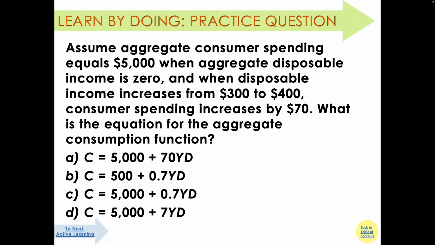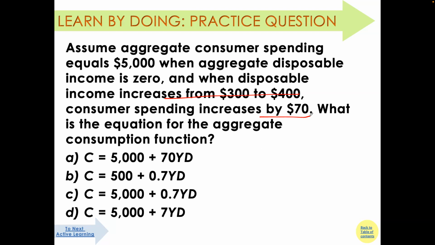To find out the MPC, the key information is given by this line. When income increases from 300 to 400, your consumption increases by 70. So your marginal propensity to consume equals 70 divided by 100.